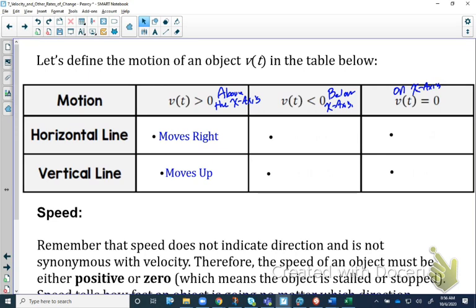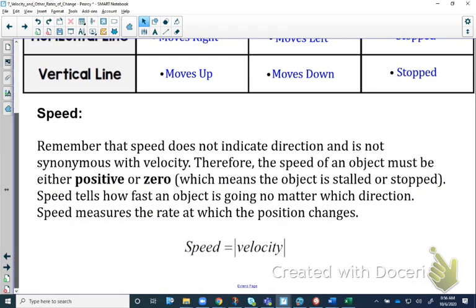The converse of that, if you're below the x-axis, if your velocity is putting you in the negative portion of the bottom half of the graph, that means you're going to move left or move down. Now, if your velocity is 0, that means you are stopped. If your velocity is 0, you are not moving anywhere.